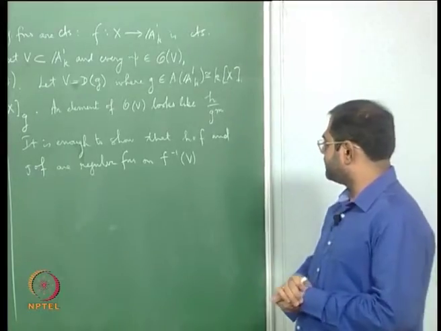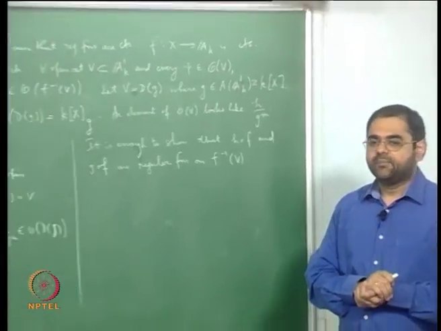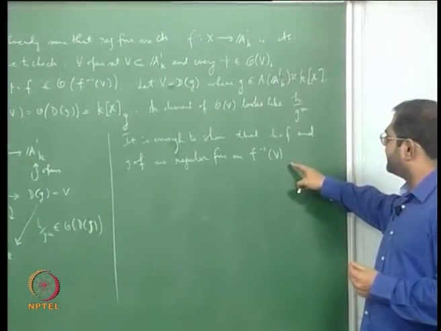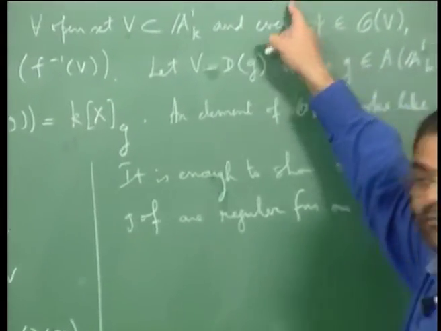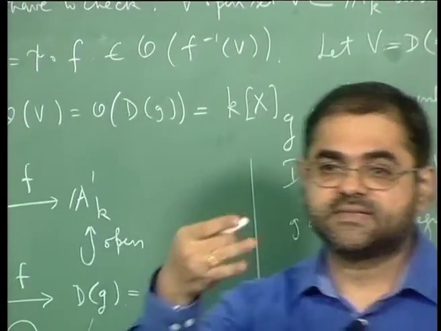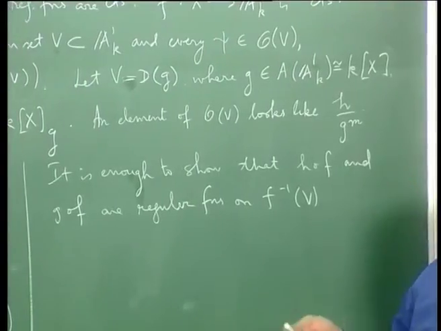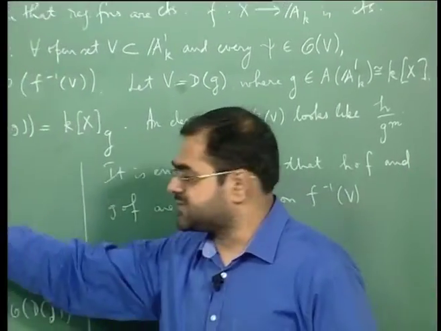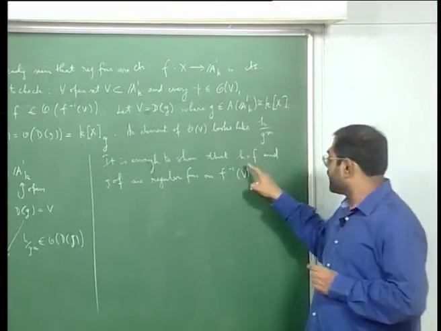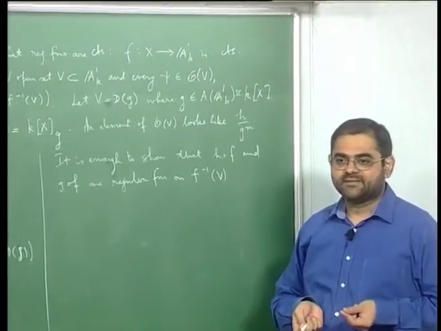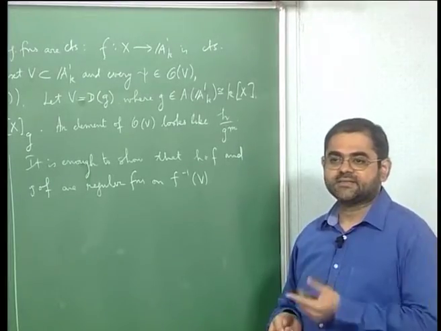Now this is again something that is very easy to see, because the f I started with was a regular function on x. So f is given by a quotient of polynomials in the right number of variables, the number of variables being the dimension of the affine space in which x sits, alright. So f is locally a quotient of polynomials, okay. So h circle f will also be a quotient of polynomials in the same number of variables, because h is just a polynomial in one variable.